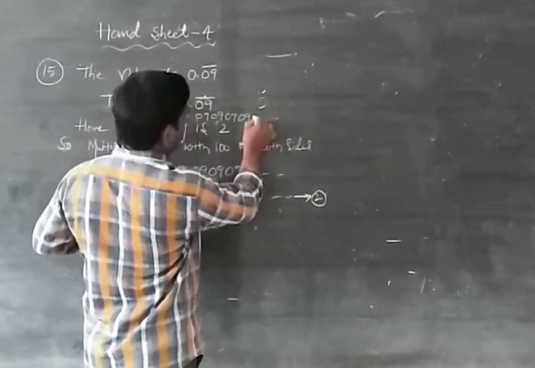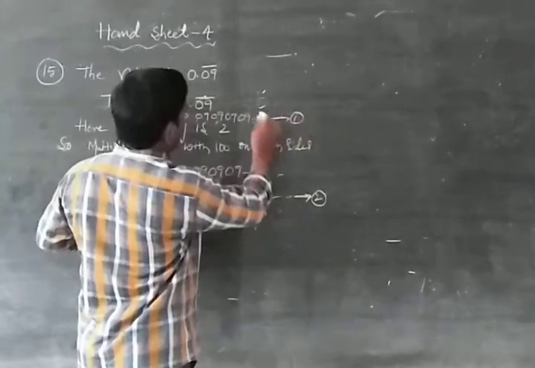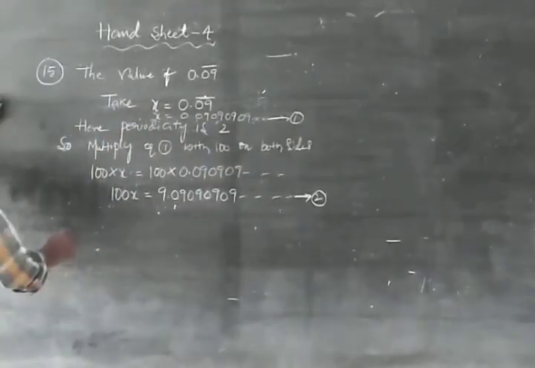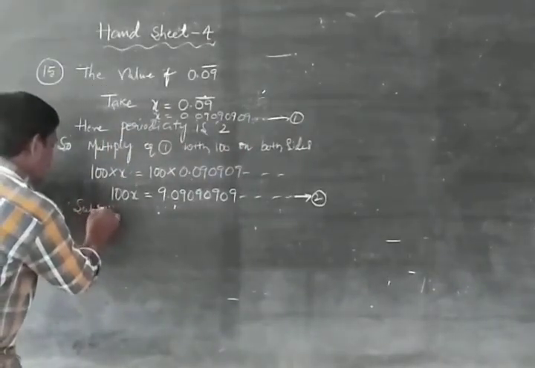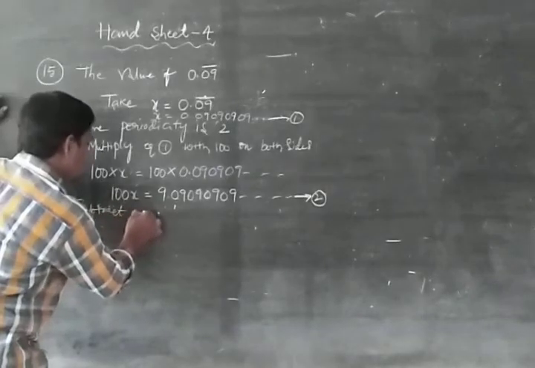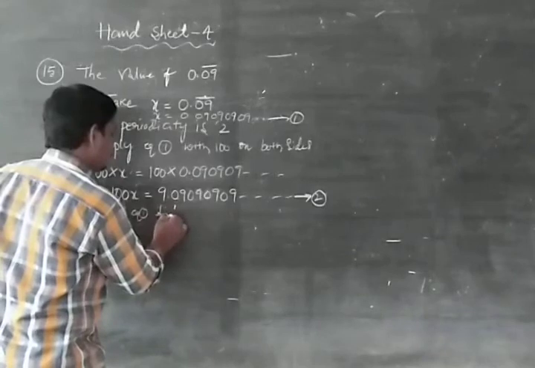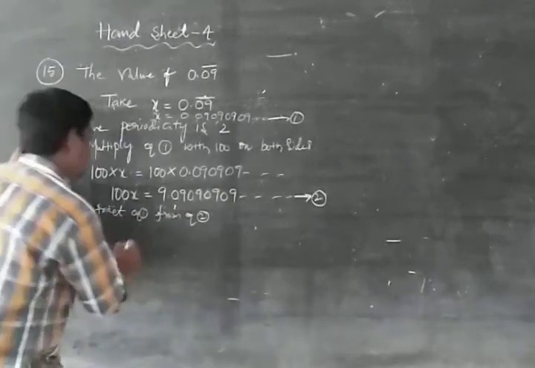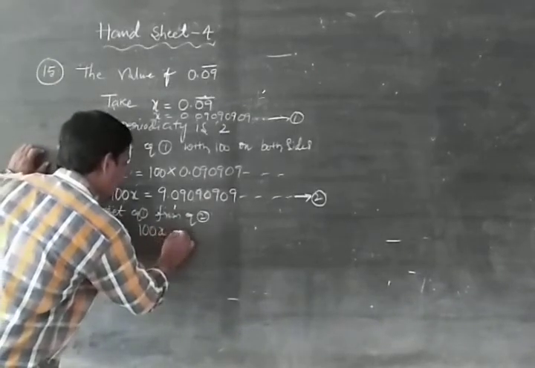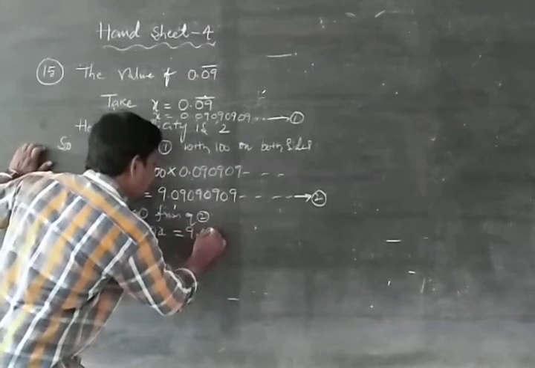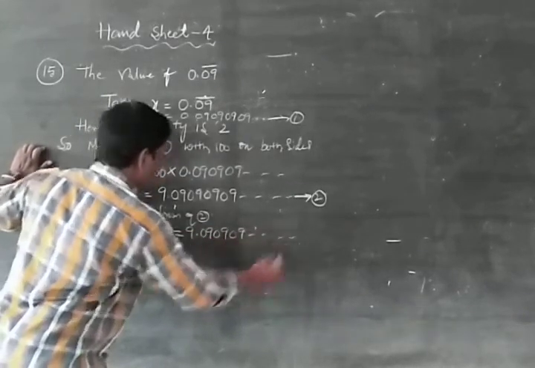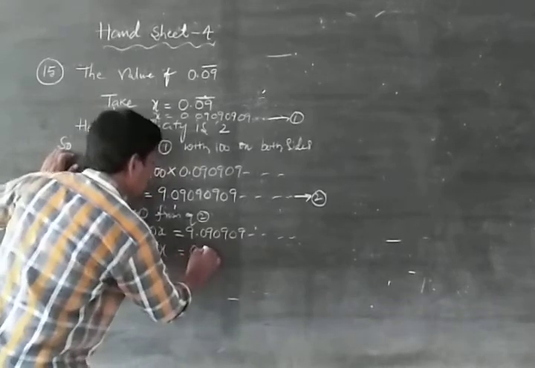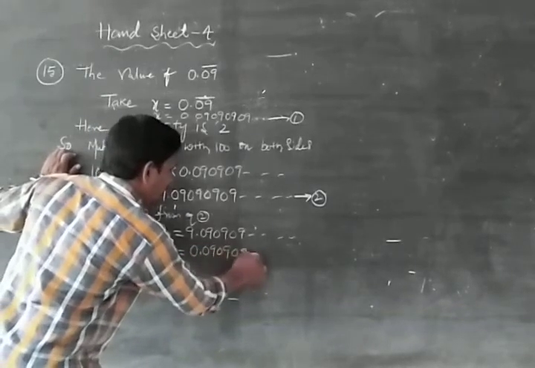Now subtract equation 1 from equation 2. 100x equals 9.090909, and so on, and x equals 0.090909, and so on.